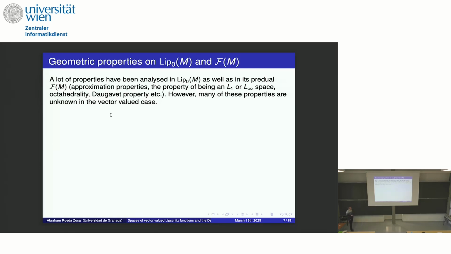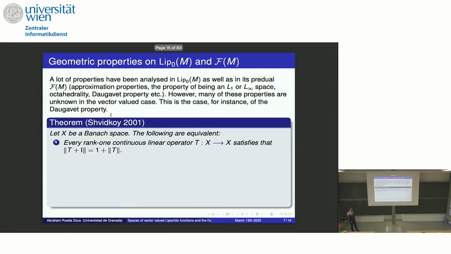And one example where this happens is the Daugavet property, which is the property I'm going to introduce right now.